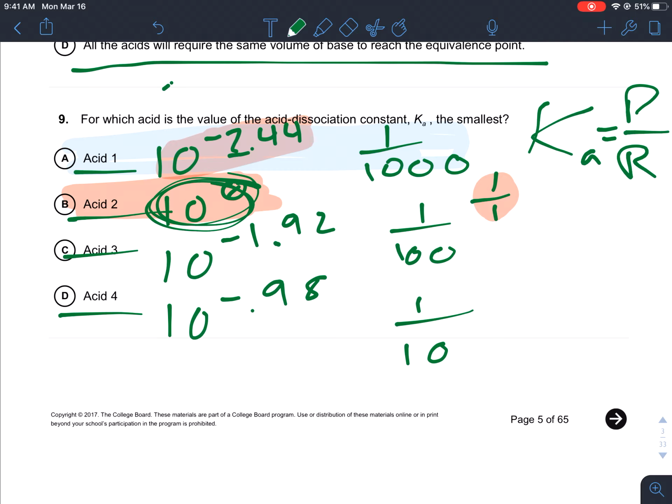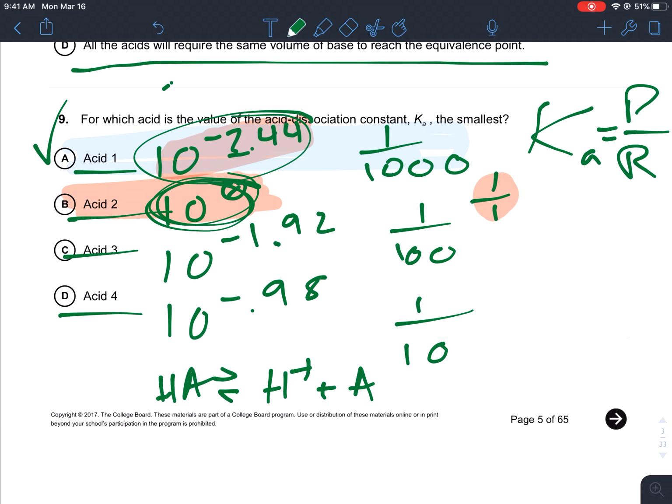Who's the smallest? The answer is A. A does not dissociate that much. It does not form a lot of product, and one of the products of HA is H plus. So I just did this by calculating the H plus. Who had the smallest H plus? The smallest H plus would be acid A, or acid 1.